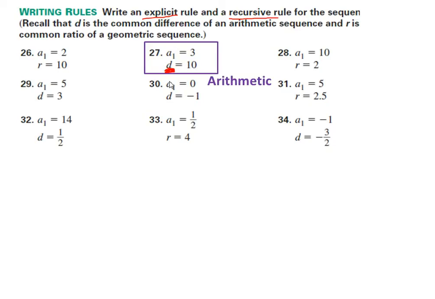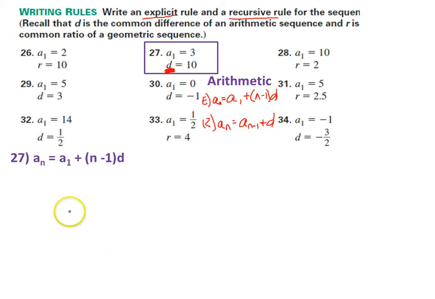So if this is arithmetic, we have two equations. We have our explicit, which is A sub n equals A sub 1 plus n minus 1 times D. And we have our recursive, which is A sub n equals A sub n minus 1 plus D. Those are your two equations that you have. So we're plugging in what we know.